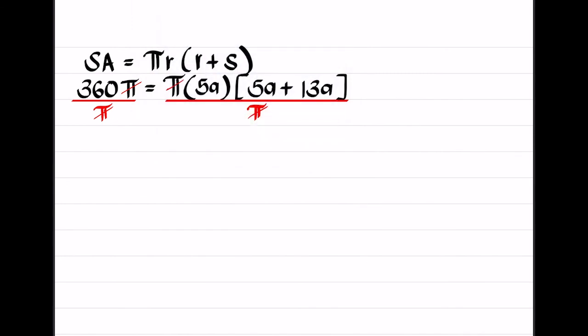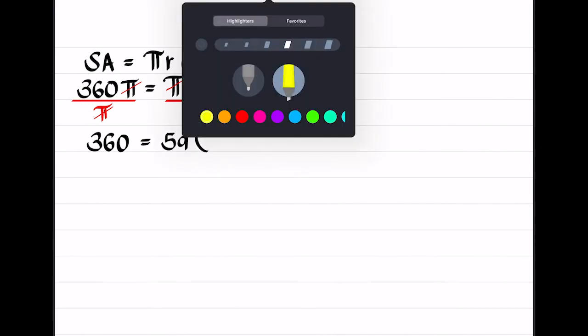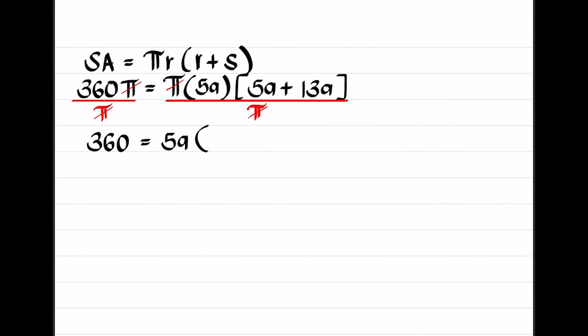On the left-hand side, I'll be left with 360 is equal to the 5a into, and then I'm going to add this 5a and this 13a together to give me 18a. So 360 is equal to 5a times 18a. 5 times 18 is 90. a times a is a squared.